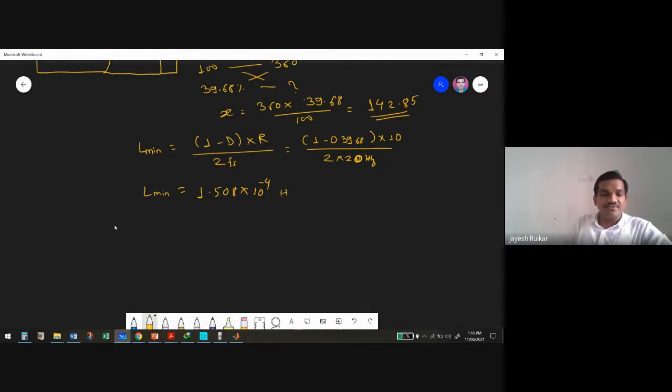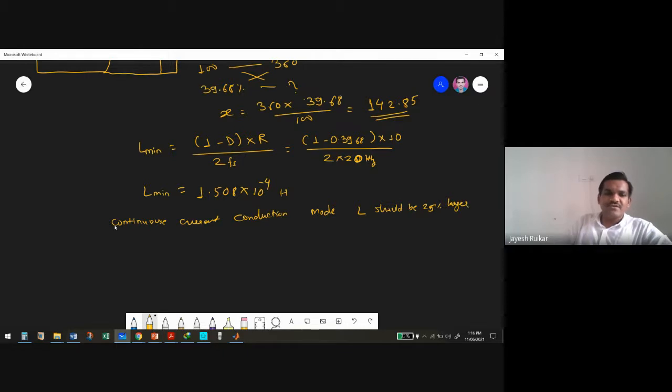So if you want continuous current conduction mode, your L should be 25% larger.